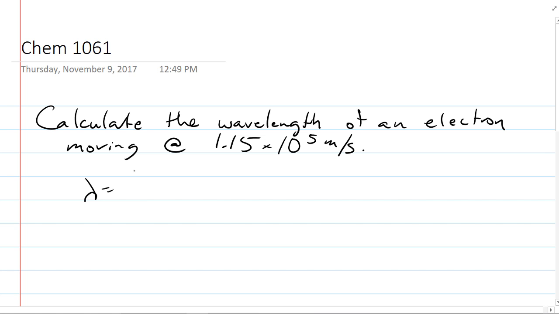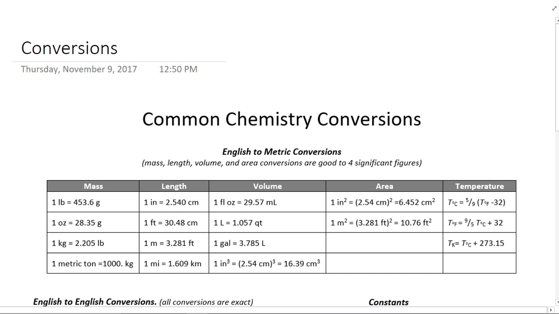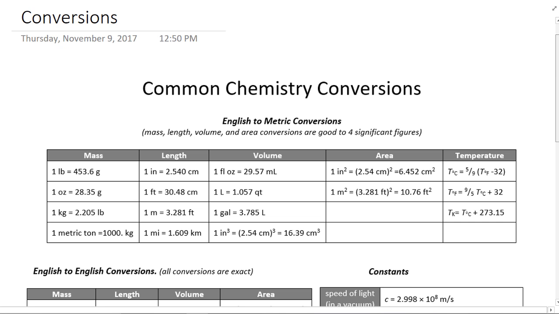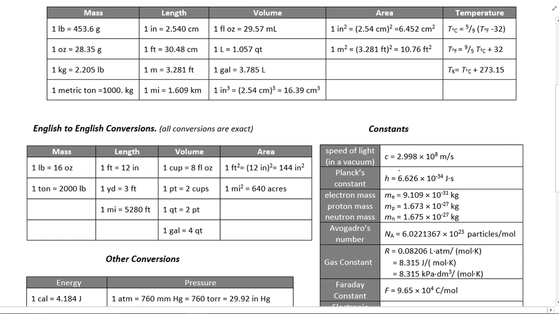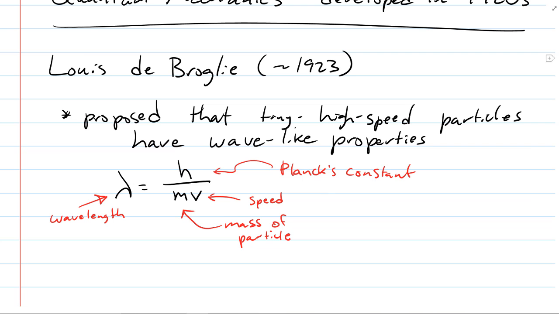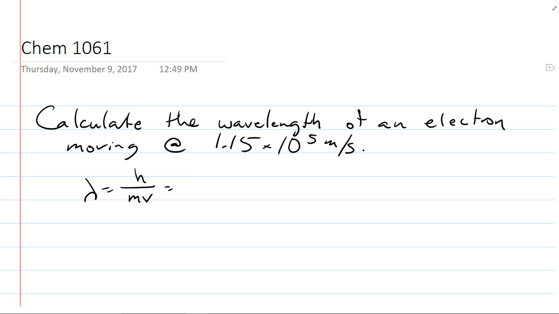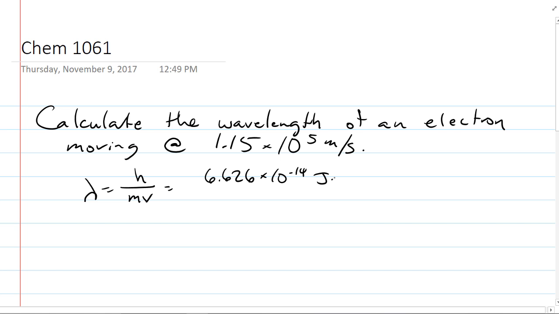So lambda is equal to h over mv. We start plugging in values. If you don't have your conversion sheet out, let's get it out. We need to find the value of Planck's constant, which is right here, 6.626 times 10 to the negative 34th joule seconds.